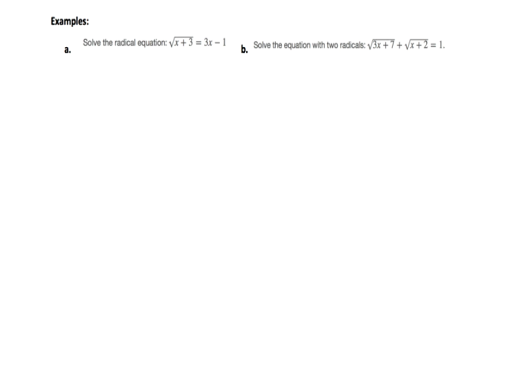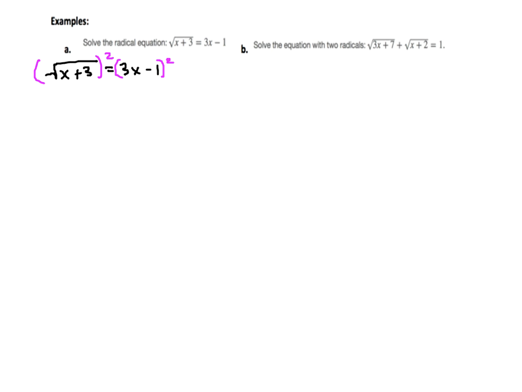We will start out with the square root of x plus 3 equaling 3x minus 1. Now, our first step was to isolate one of the radicals on one side of the equation, and we're already isolated here, because the only thing on the left-hand side of the equation is the radical expression. Since it's a square root, to get rid of the square root, I square both sides.